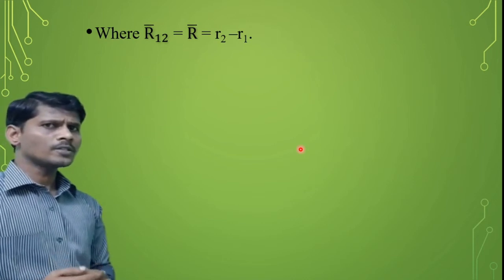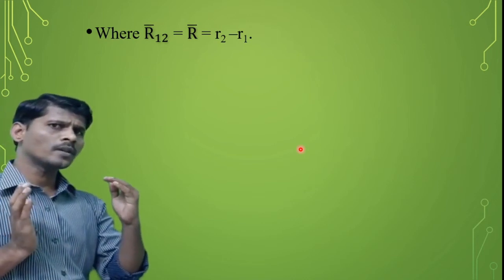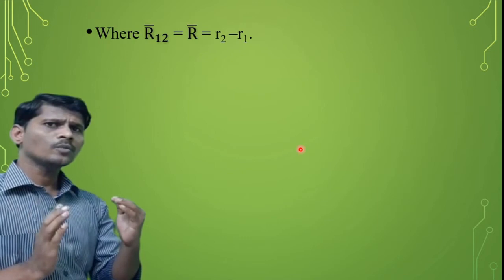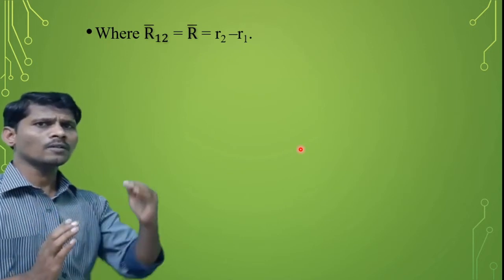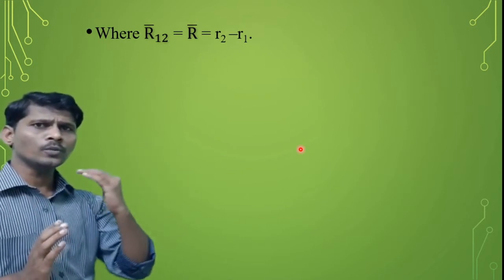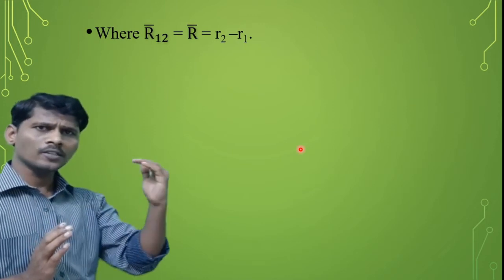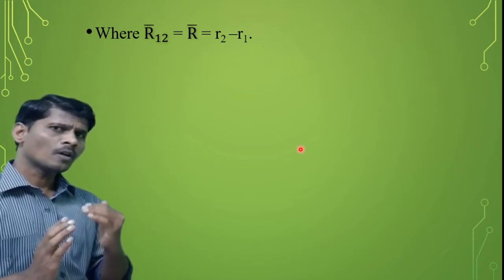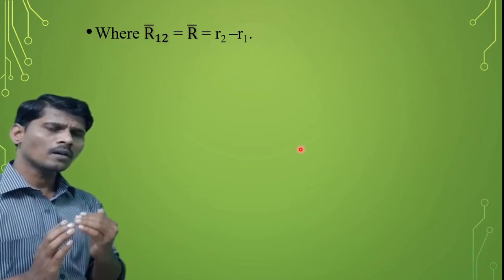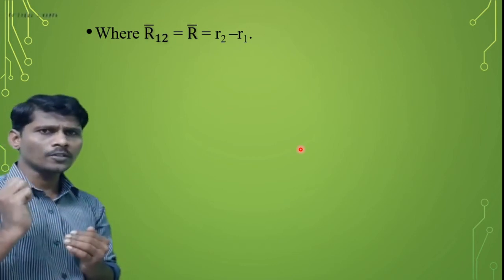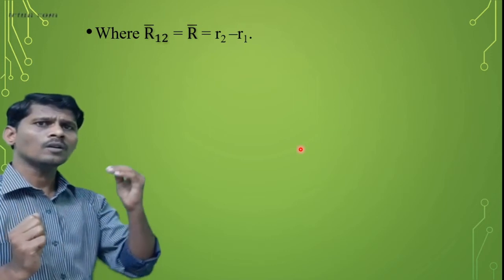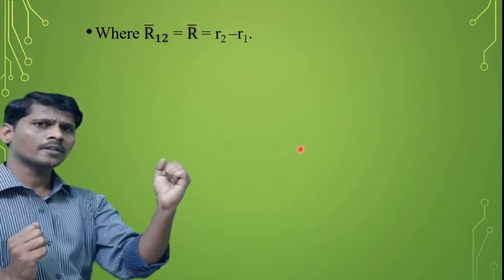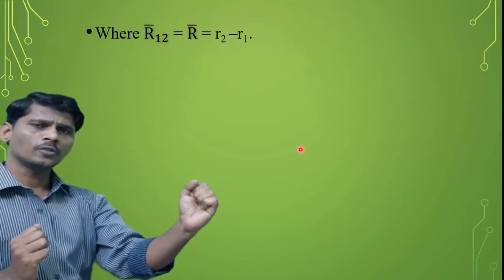R12 is the distance between charge Q1 and charge Q2. Here we can determine the force on charge Q2 due to Q1 along that direction, and the distance vector is R12 bar. What is small r1? R1 is the position vector of point charge Q1, and small r2 is the position vector of the second point charge Q2.